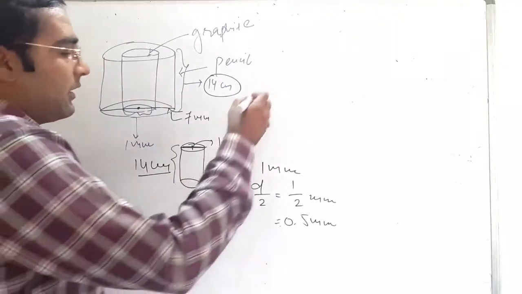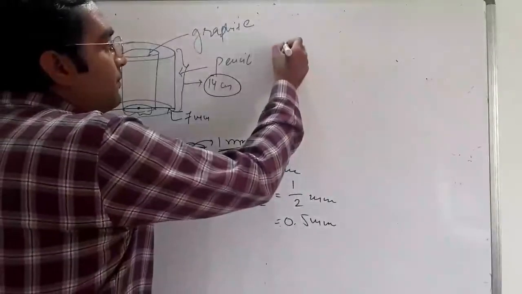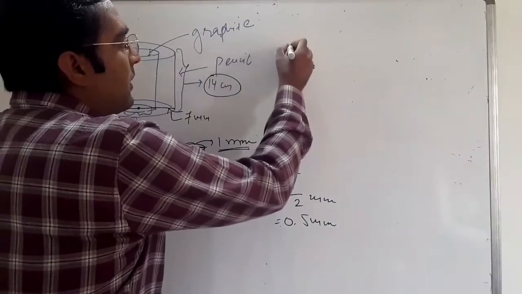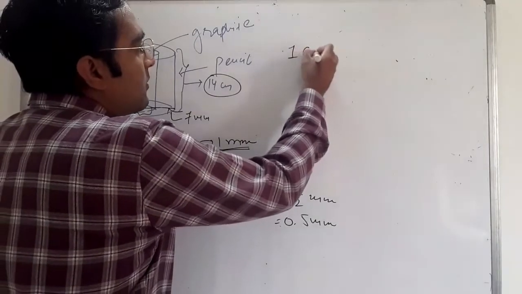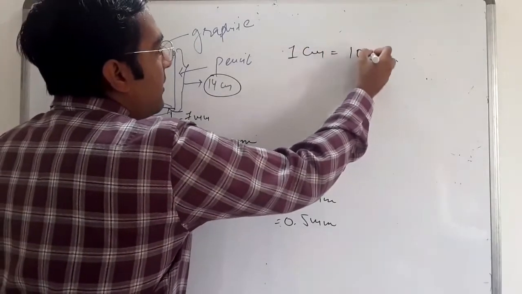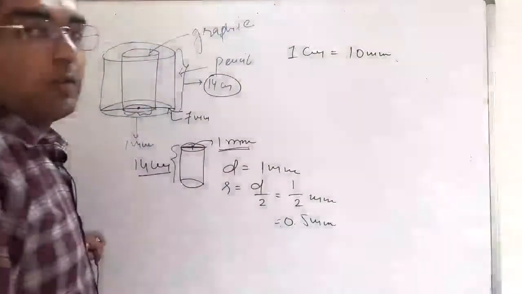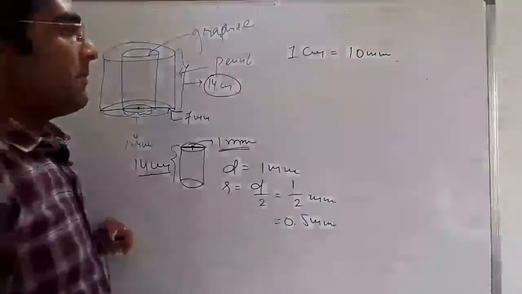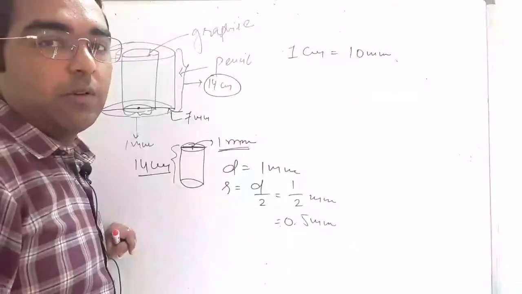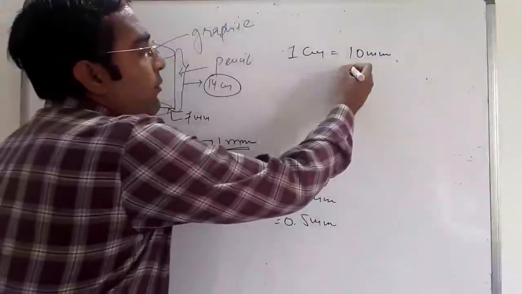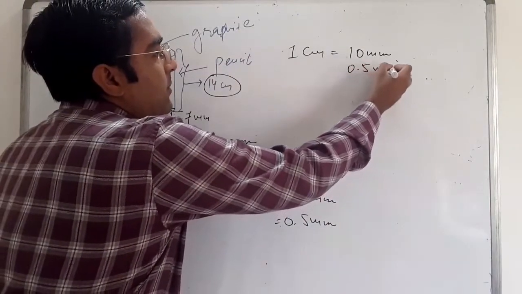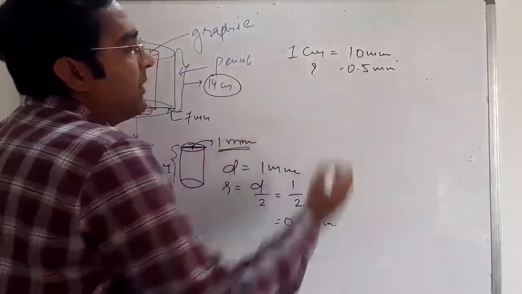So I'll convert it. In 1 centimeter, 10 mm are available. My conversion is 1 centimeter is equal to 10 mm. I have to find 0.5 mm for how many centimeter.